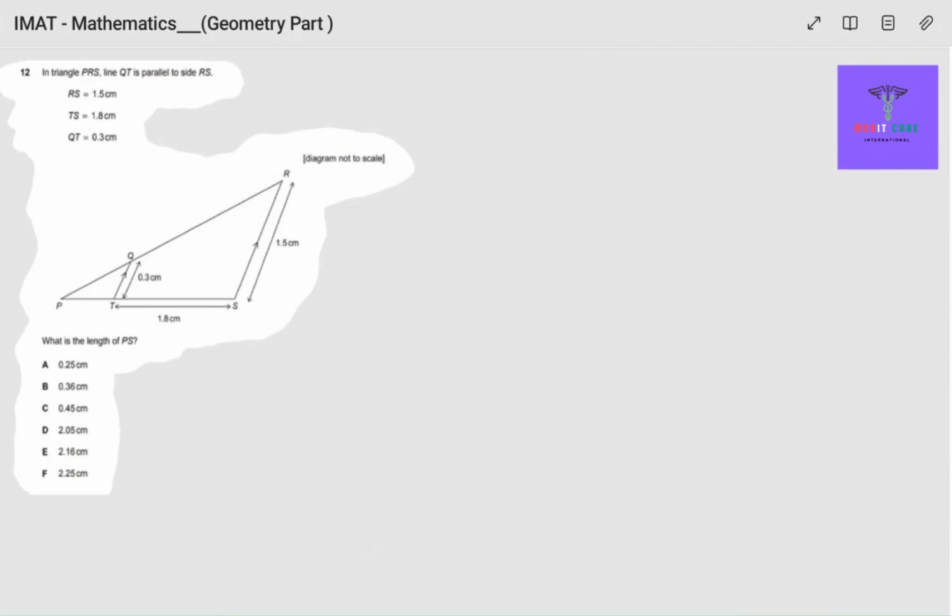TS is 1.8 centimeters given, and now we need to find the length of PS, this side. Okay. So first we got QT is parallel with RS. So we'll start with this one. QT is parallel with RS.